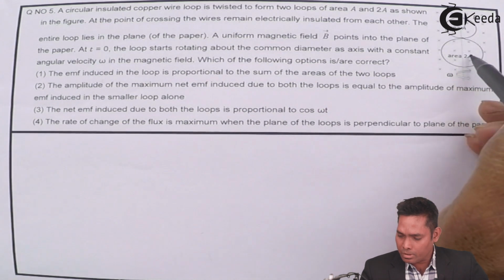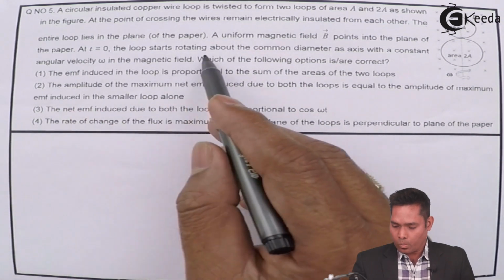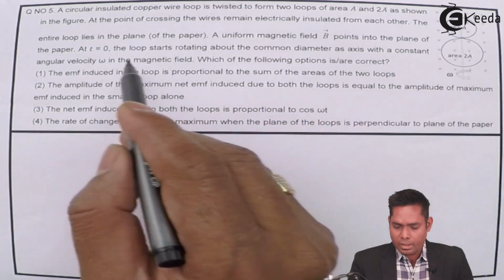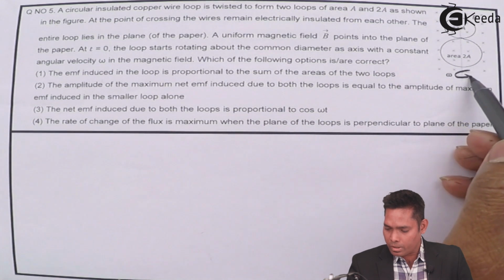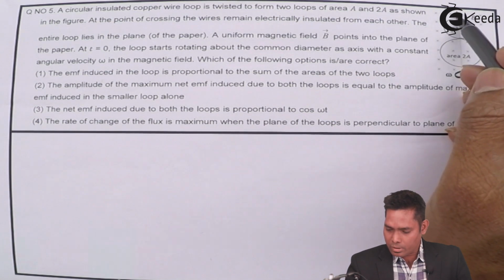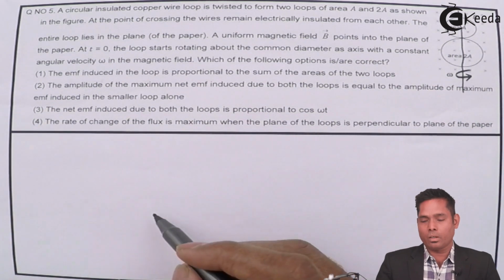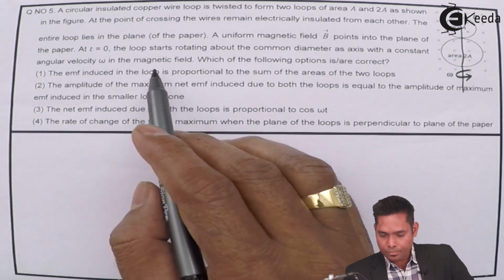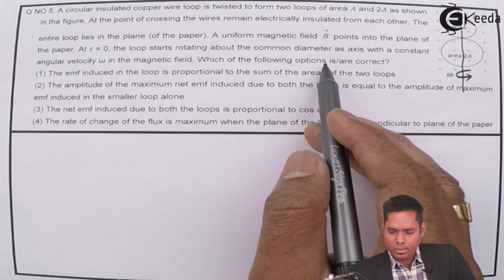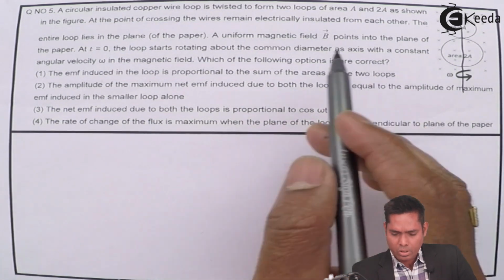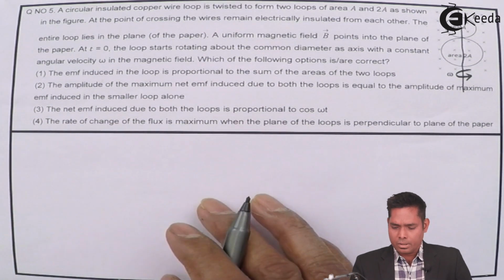The loop starts rotating about this at t equals 0 with a constant angular velocity omega, in the magnetic field. Which of the following options is or are correct? You have to check all options and see which option is correct.